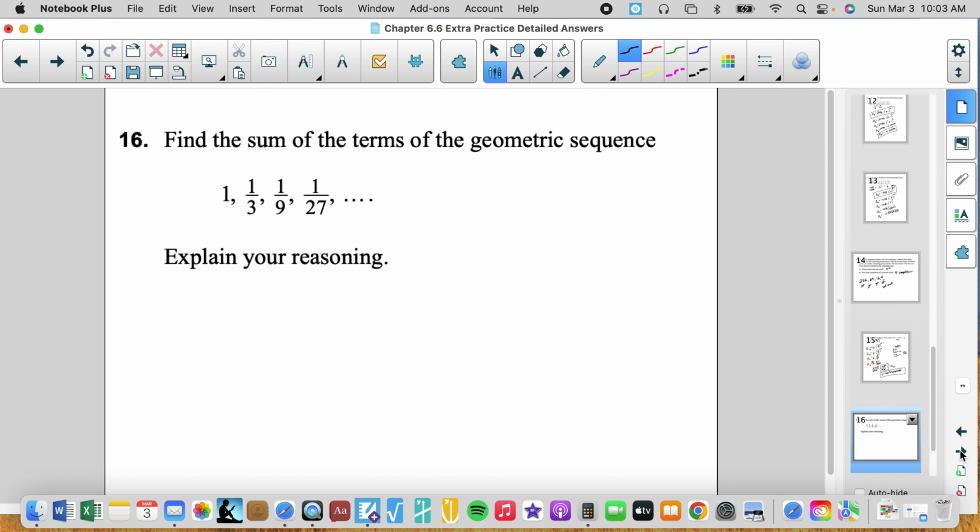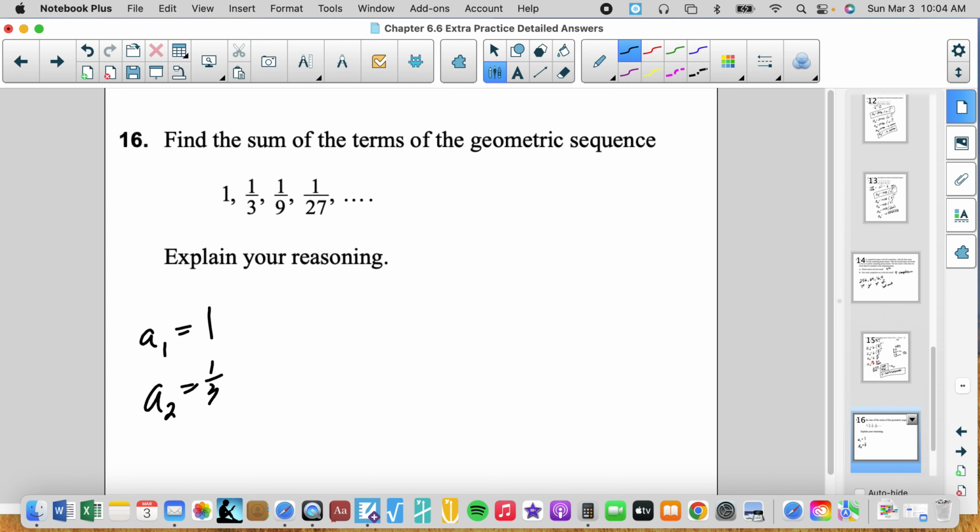Find the sum of the terms of the geometric sequence. Now, I don't know what that's going to be. We're just multiplying, right? A sub 1 is 1. A sub 2 is 1/3.